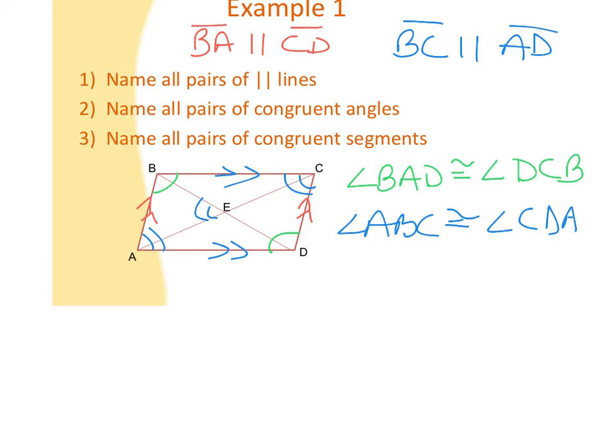So BEA and CED. Is that what you said? Yeah. Good. What kind of angles are those? Beautiful. Okay, those are vertical angles. So we got BEA and we got CED. Got another one. Anybody else find it? Kimberly.